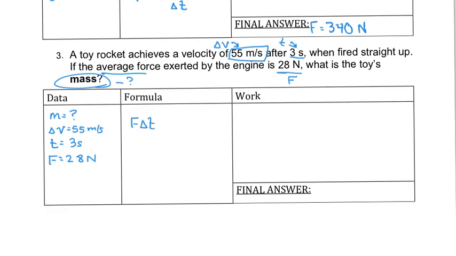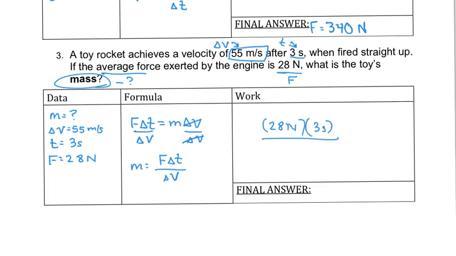F delta T equals M delta V. We want the M by itself, so we're going to divide both sides by delta V. Cancels out over here. Mass equals force times delta T over delta V. So we've got 28 newtons times our time of 3 seconds divided by our change in velocity of 55 meters per second.